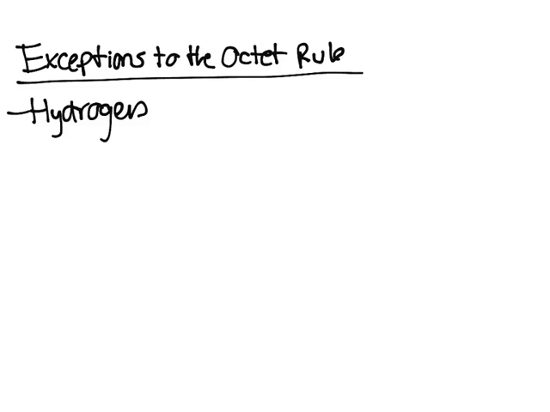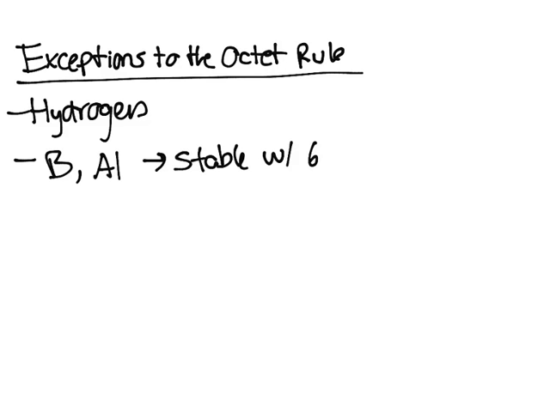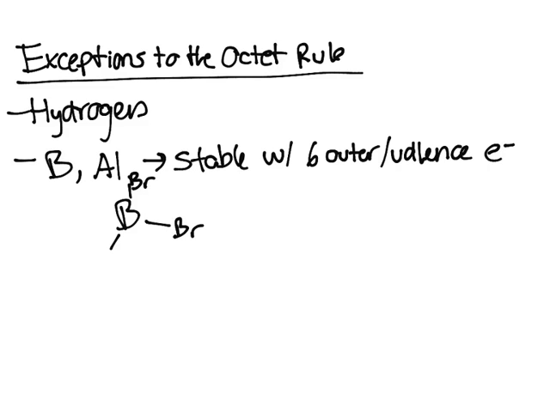Group 3, so boron and aluminum, are stable with 6 outer valence electrons. So for example, a molecule could look like this: boron with chlorine, and that would be stable, but it could also look like this.